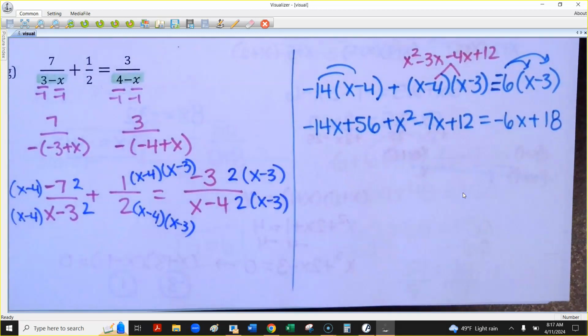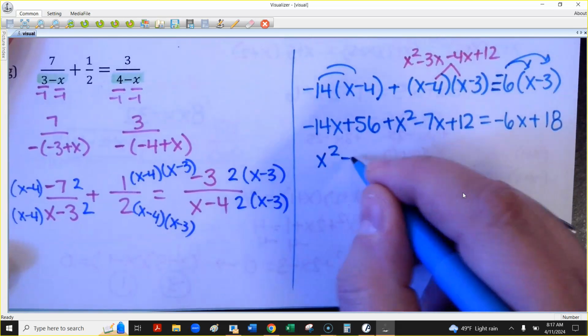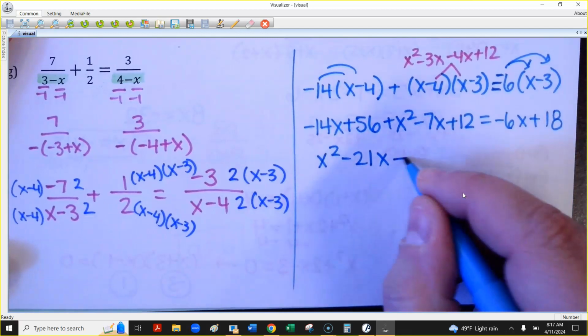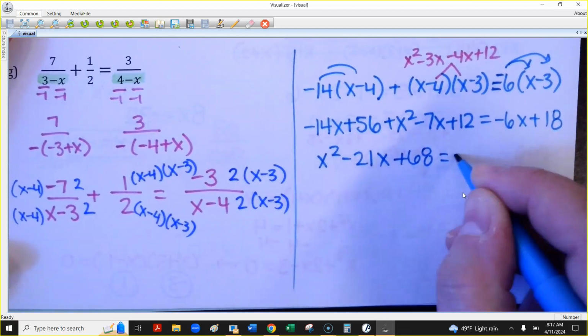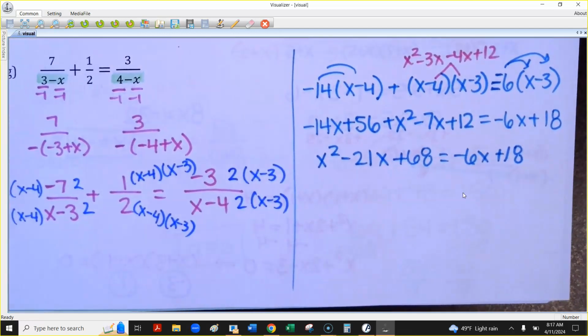This does end up being quadratic. Let me just simplify this side real quick as much as possible. I have negative 21x, and then we got 56 and 12 on that side, so this is 68. On this side, I had negative 6x plus 18. If you have a quadratic, I would say when you're trying to set it equal to 0, keep your squared term positive.